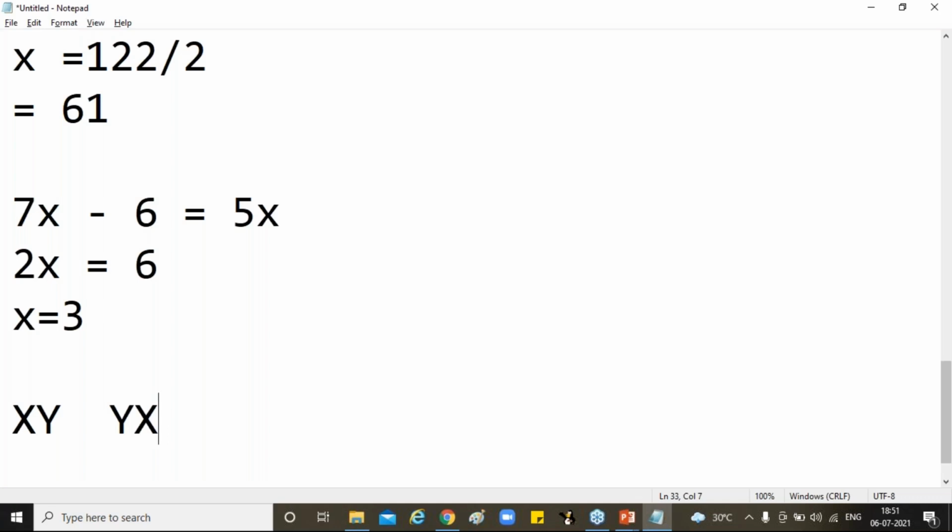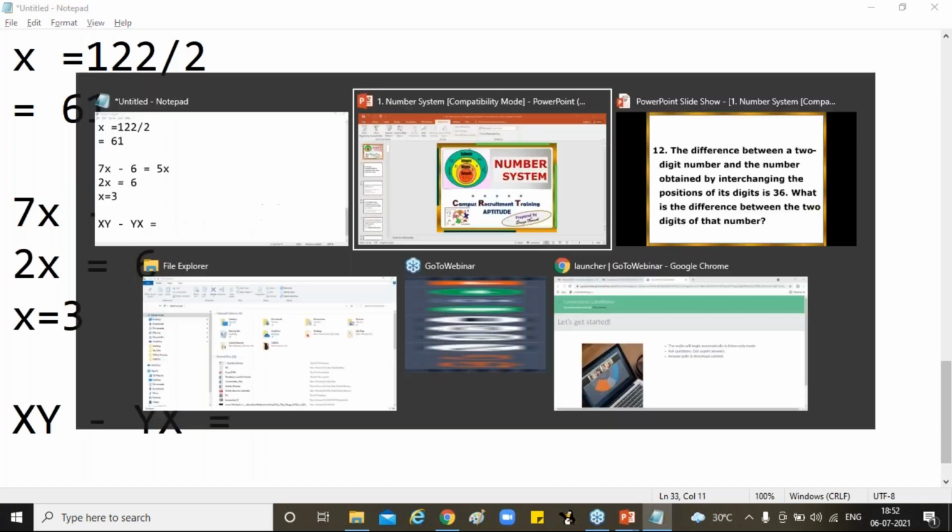They clearly gave that the difference between a number and the other number formed by interchanging its digits is xy minus yx.